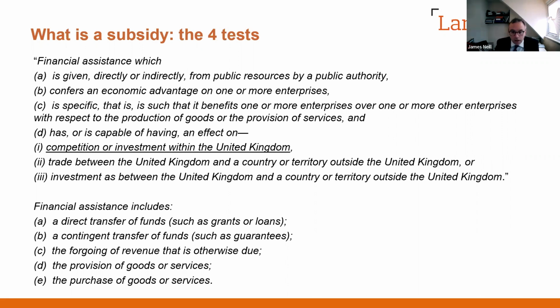And I've just underlined the key limb of paragraph D, i.e. competition or investment within the United Kingdom, because that's the big change from the EU state aid regime, and indeed the regime, so far as there was one under the TCA in the limbo period, in that now subsidies are caught where they may have an intra-UK effect on trade or investment.